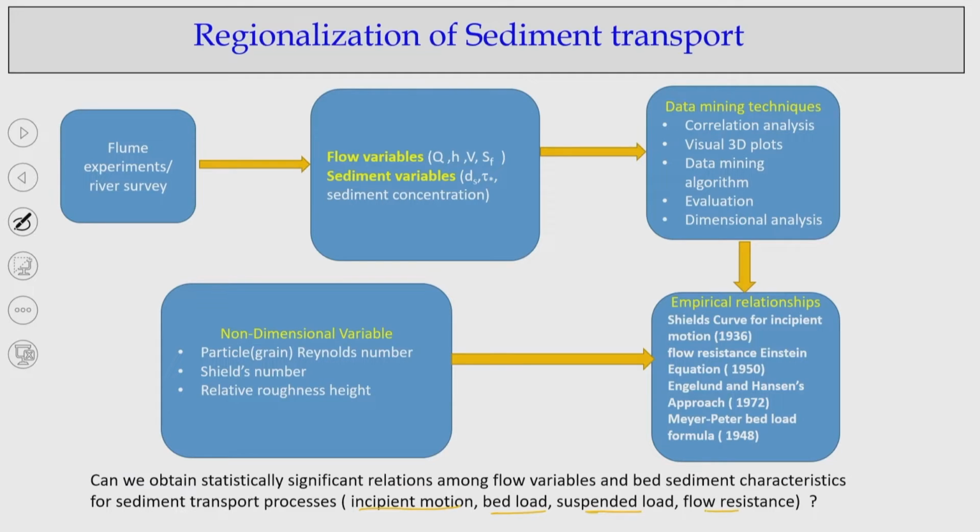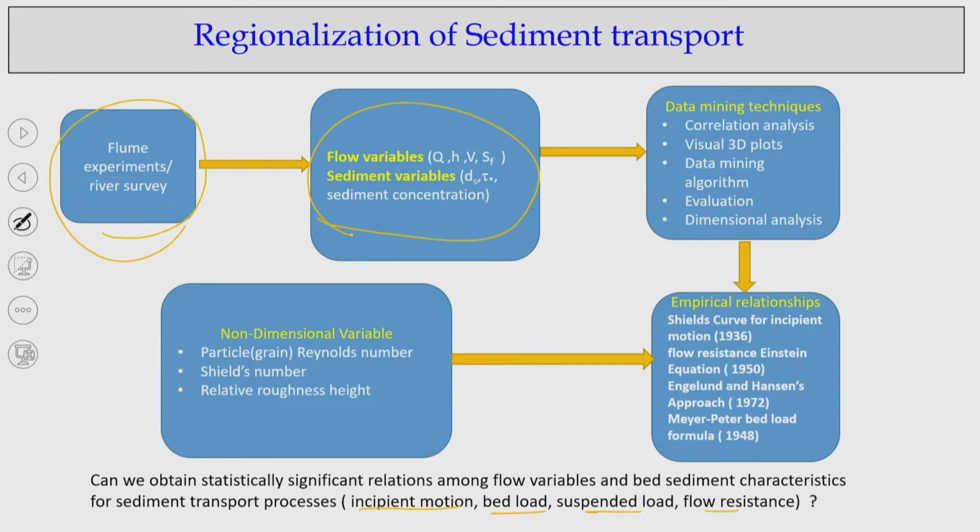The concept started from experimental flumes. A series of experimental flume studies as well as river surveys were conducted in many parts of the world, basically in Europe and the United States of America, to look at the relationship between flow and sediment variables.